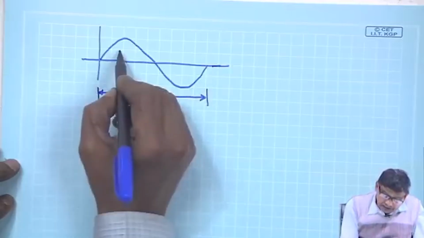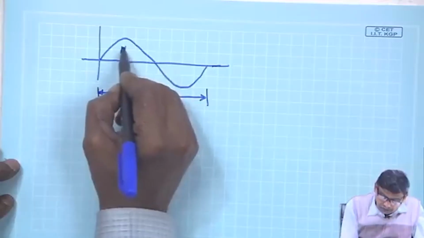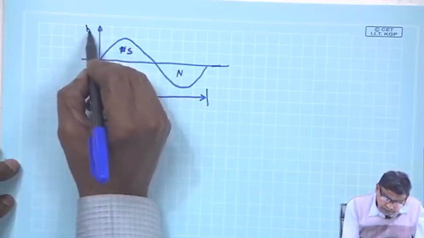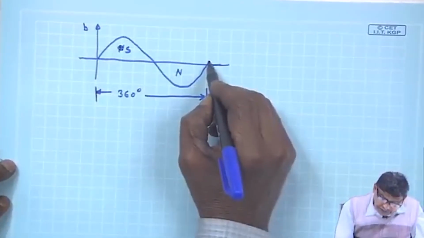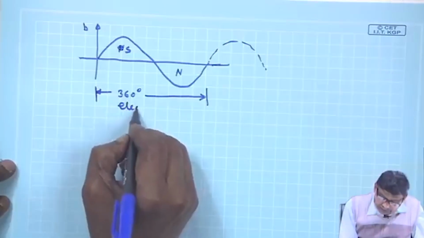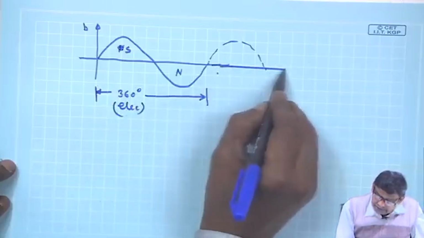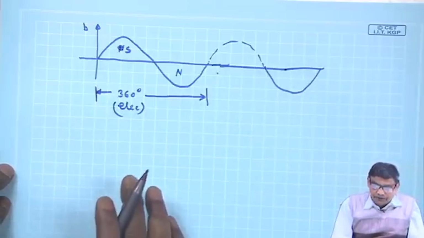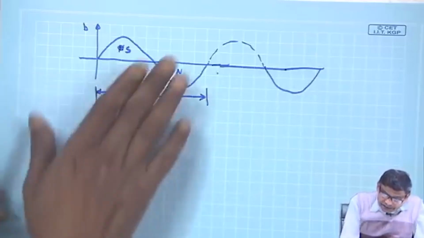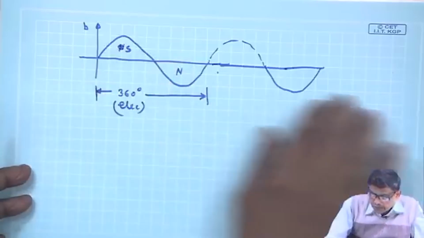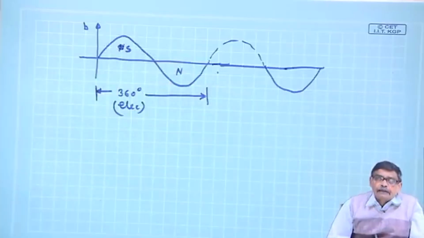After you examine north-south or south-north, say, this is the B distribution, and once again this thing repeats, 360 degree electrical. Now, an interesting point should be noted: beneath this distribution there is an air gap and there are coils, conductors, moving.